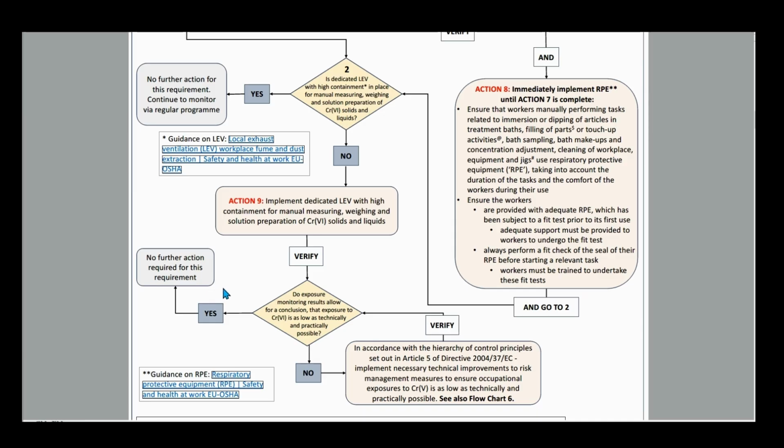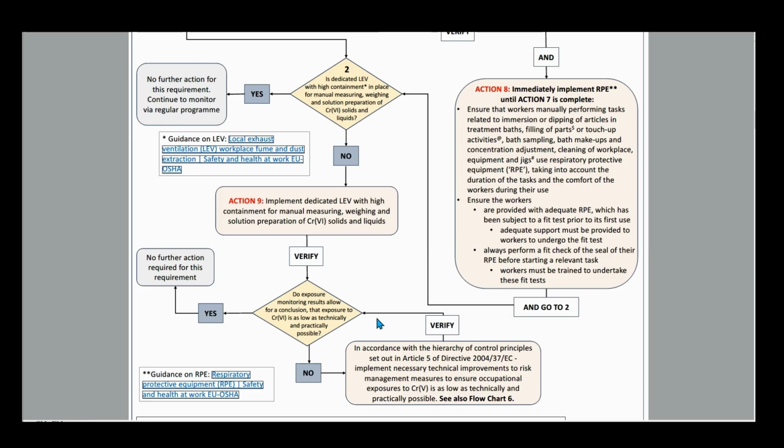In case your conclusion disagrees with the question, please check if you are in accordance with all measures given in Article 5 of the CMRD and where necessary adapt or implement technical improvements. Afterwards, you have to verify by measurements that you can conclude that the exposure to hexavalent chromium is as low as technically and practically possible.